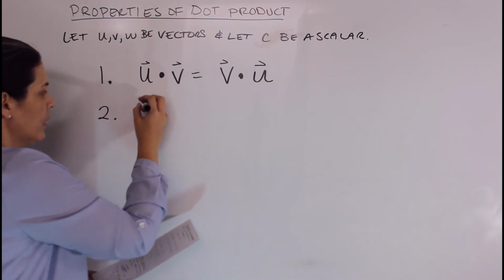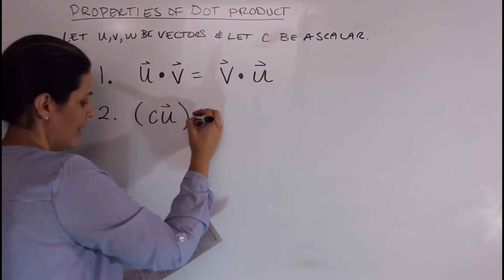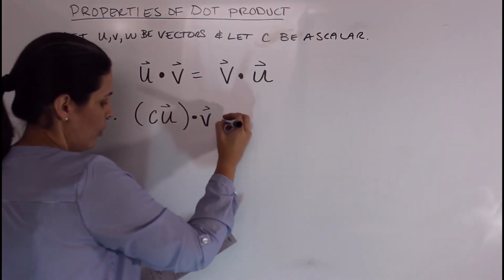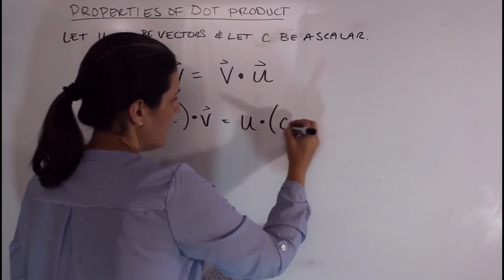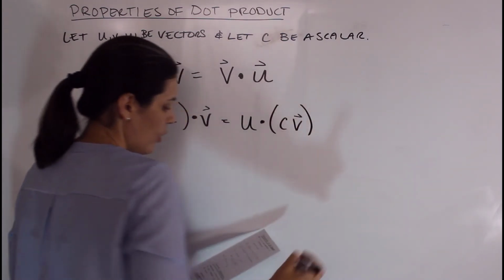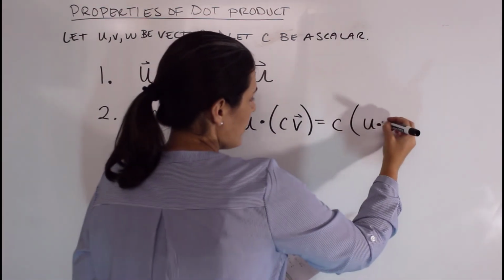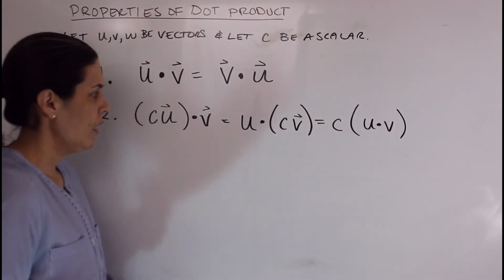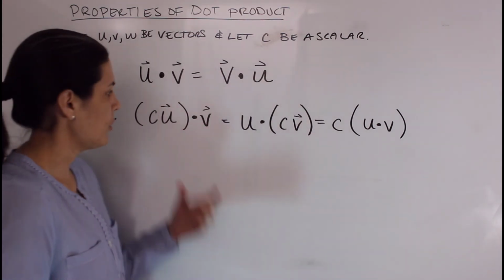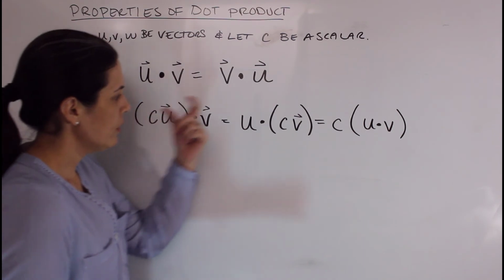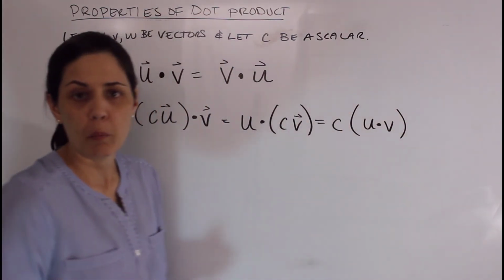Number two, let's say I have a scalar times my vector u, and then I dot that with v. Well, that's the same as u dot c times v, which is the same as c times u dot v. You can basically associate any two parts of this together and get the same answer. Times u by c first, times v by c, or times both by c after the dot product is done.